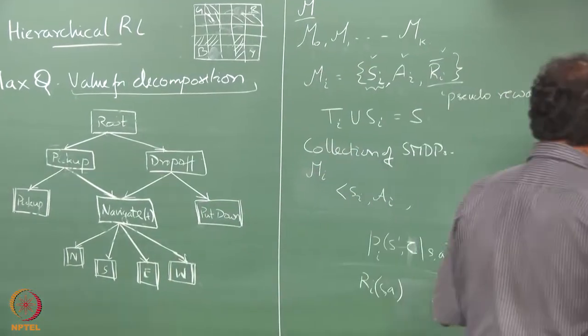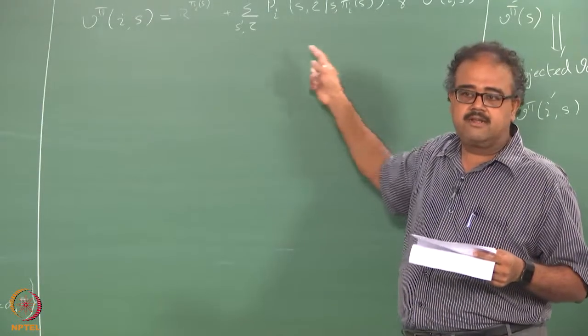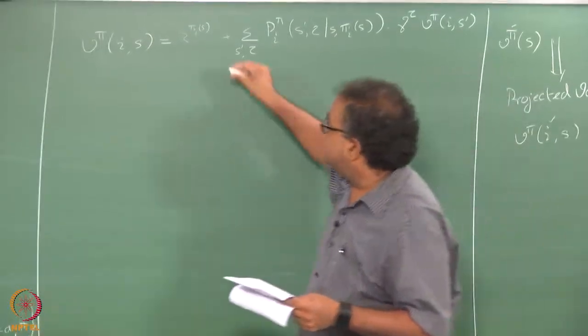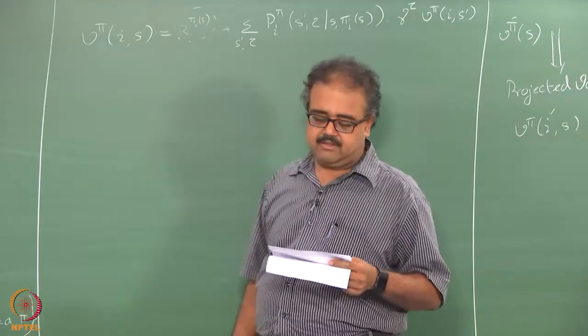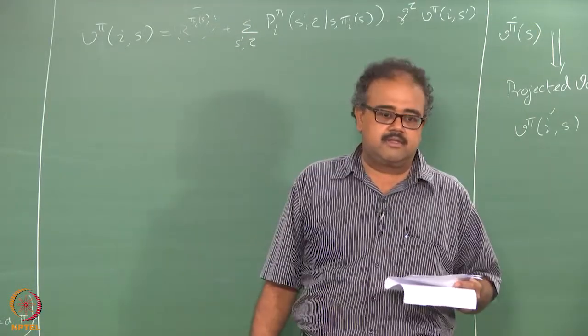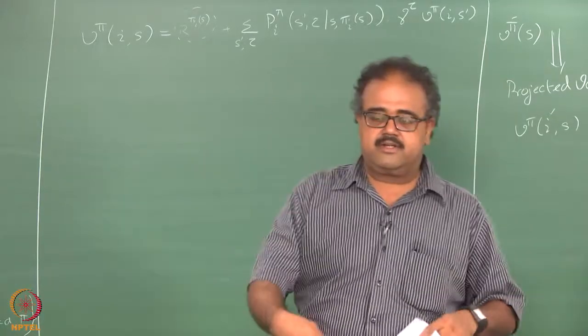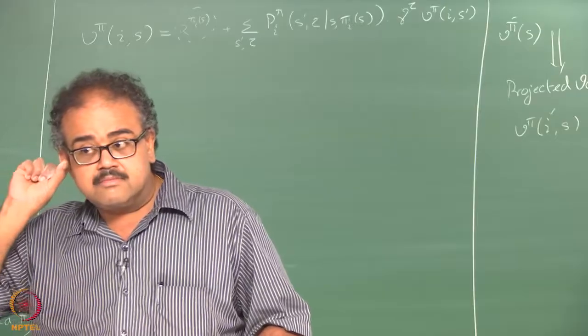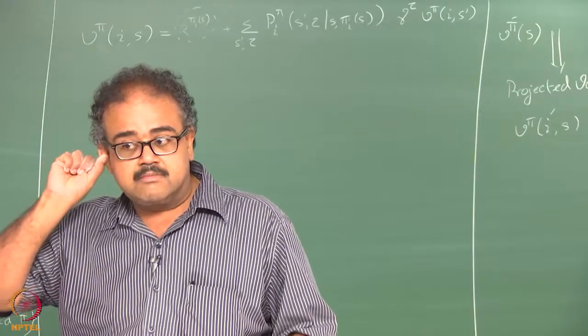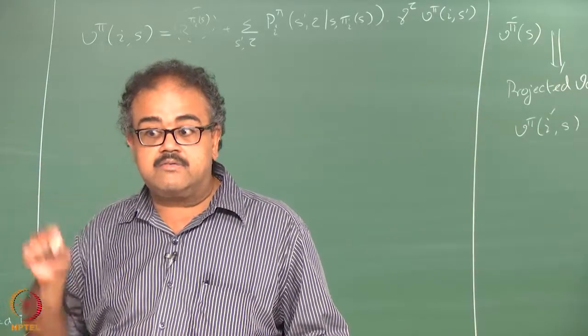Now, given that caveat, is it all clear? What is happening here? But what is this term? Not pseudo reward, think about it. There is an expectation over the entire reward that is accumulated over the task. Over which task?